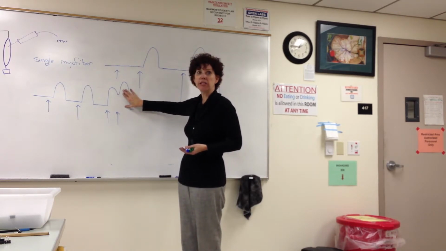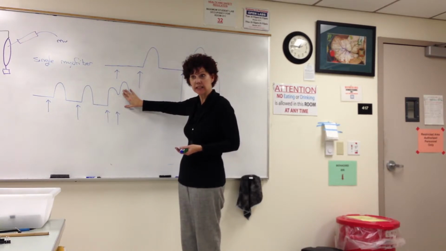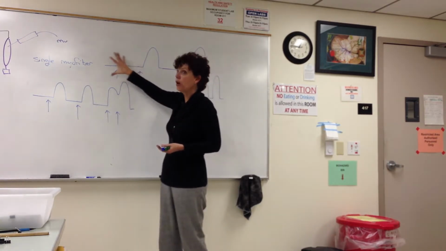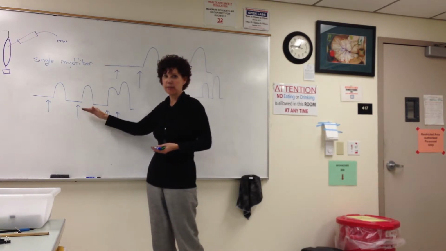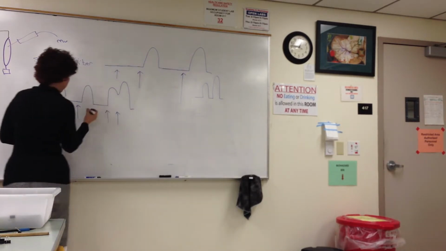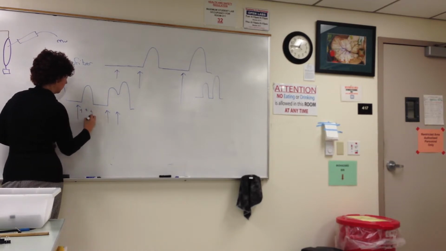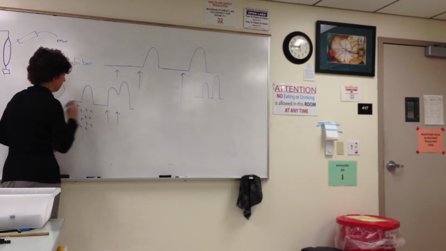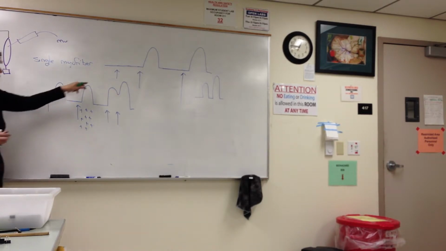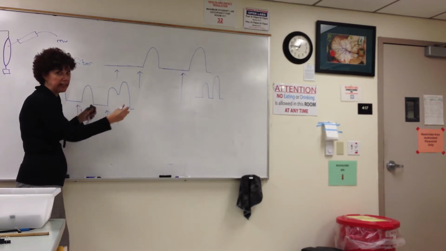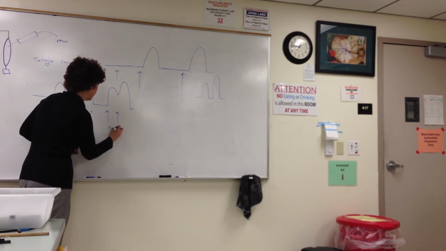Now we open up the voltage-gated channels again, and now we have more calcium ions than we had here. All right, so when the voltage-gated channels opened, let's say we have 10 calcium ions in the cytoplasm, 10 binding sites for myosin pulling on the actin. The muscle cell starts to relax. Some of those calcium ions have moved back into the sarcoplasmic reticulum.